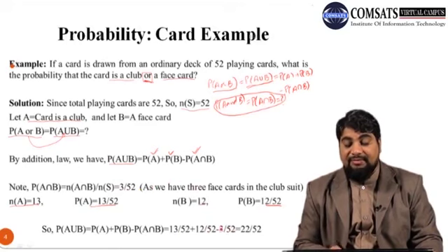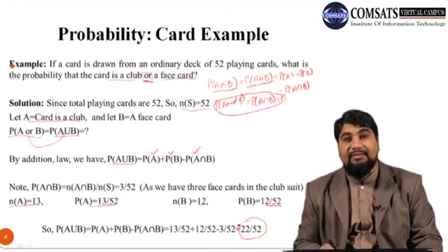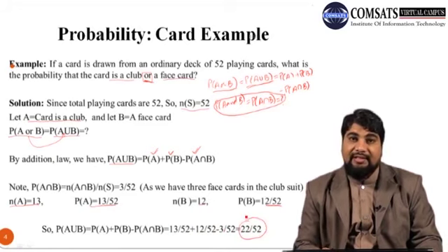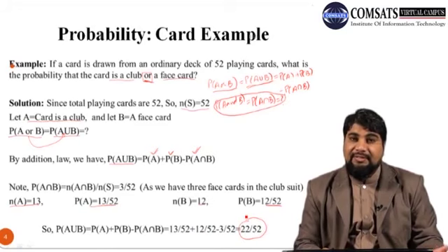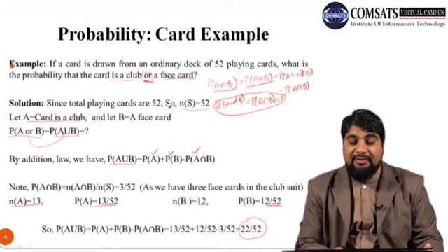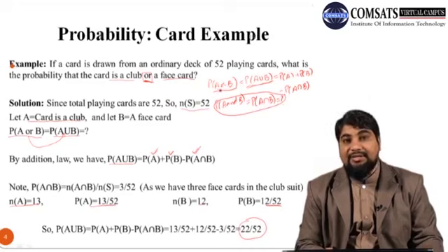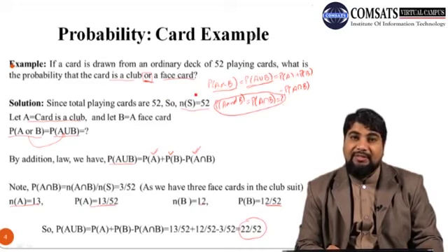You can see that 52 is the LCM. So 13 plus 12 is 25, minus 3 is 22. So 22 over 52 is the required answer. This is how we can use the law of addition to solve a probability question.